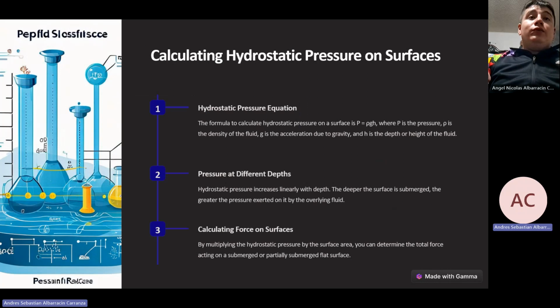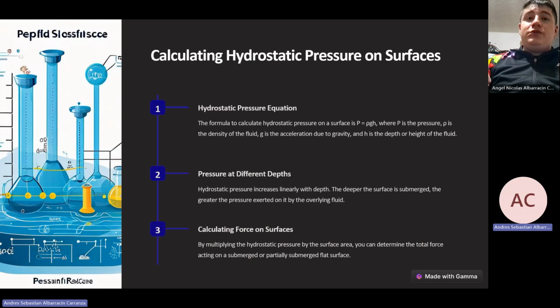Well, we have this part that is more about calculus: calculating hydrostatic pressure on surfaces. We have the hydrostatic pressure equation, P equals density times gravity times height, the depth at which we locate the point we're calculating. And we have the pressure at different depths.